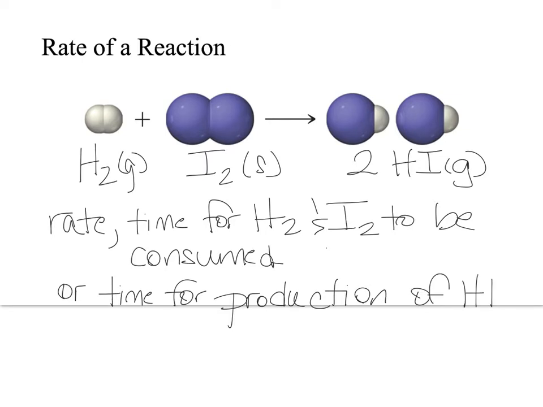Now notice in the balanced reaction we have 1 H2, 1 I2, and 2 HI. These mole ratios will hold true when we're talking about the appearance and disappearance of reactants.